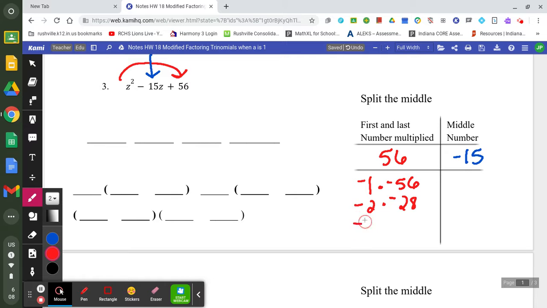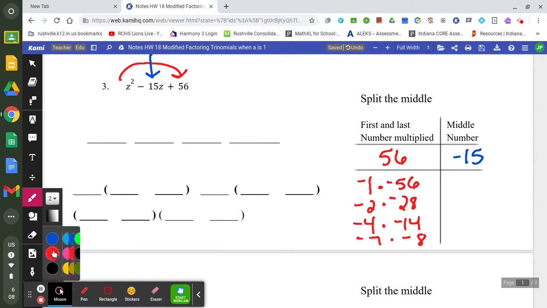I have negative 4 times negative 14. Does 56 divide by 5 evenly? No. Divide by 6 evenly? No. Divide by 7 evenly? Yes. So negative 7 times negative 8.